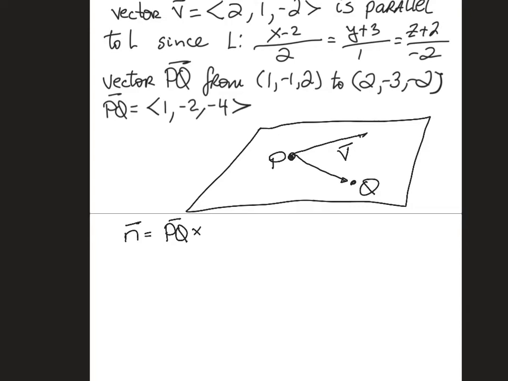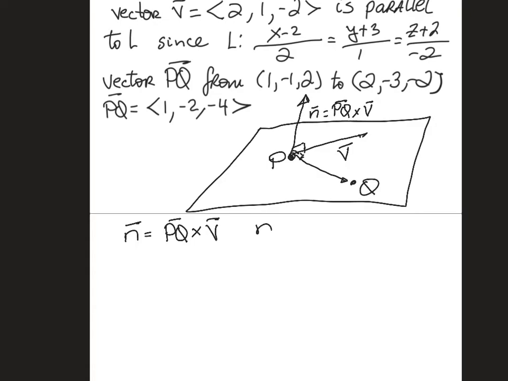If we take the cross product of vector PQ with V and call it N, N equals PQ cross V, and N will be perpendicular to PQ. It'll be perpendicular to V, and it'll be perpendicular to the plane.